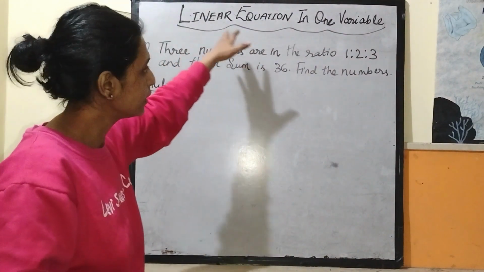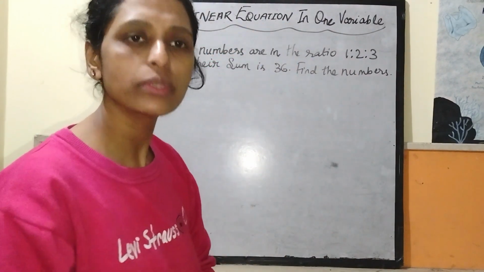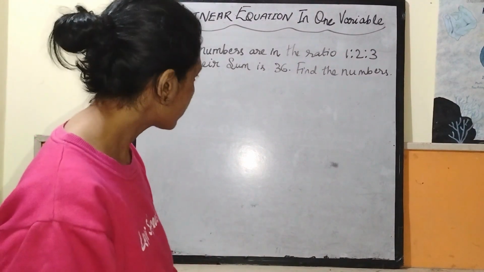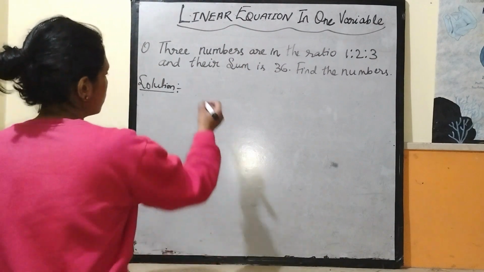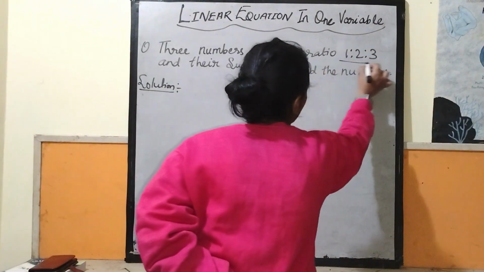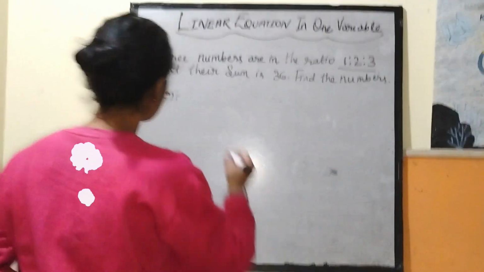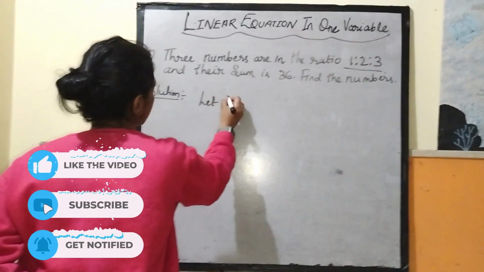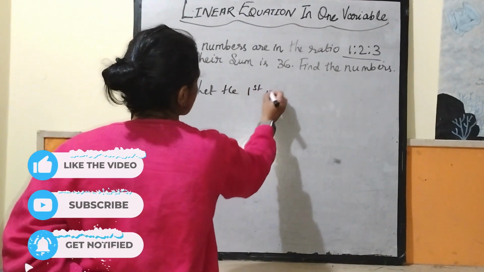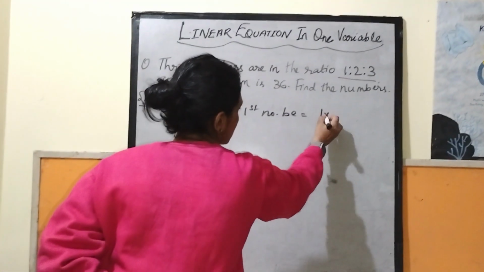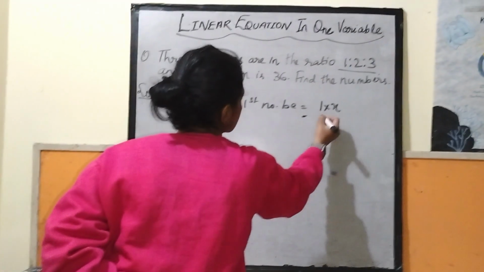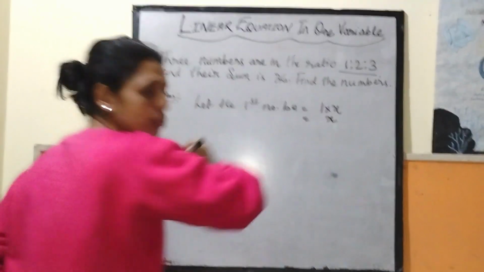As it is a linear equation in one variable, we can use any one variable. Now let's see how to solve this. As these are in the ratio of 1:2:3, let the first number be 1x, that is equal to x.